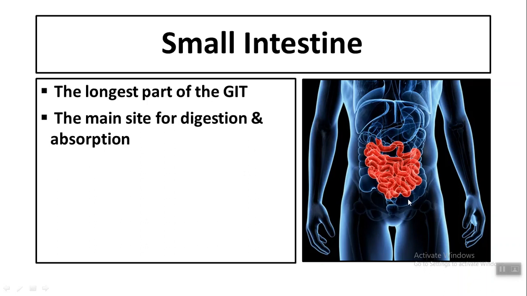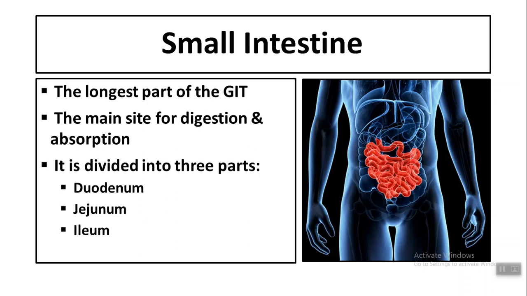Because it is the longest part of the GI tract, it is the main site for digestion and absorption of food. And it can be divided into three parts for descriptive purposes, which are the duodenum, jejunum, and ileum. We can see that the small intestine is surrounded by the large intestine, which lies at the periphery of the abdominal cavity.